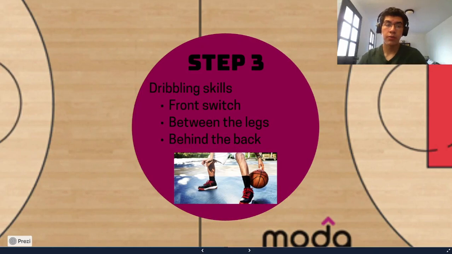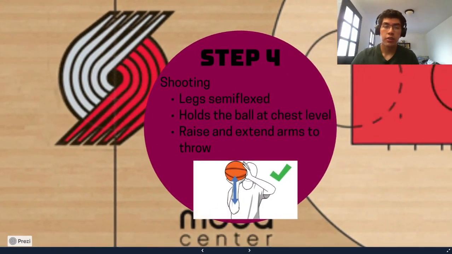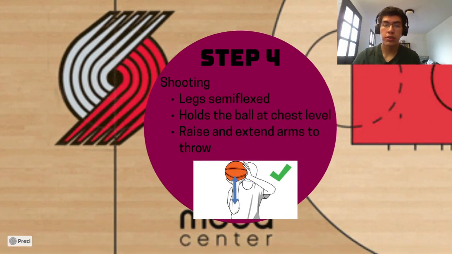Okay, the last step is shooting. The fourth step is shooting. In order to make a good shot, we have to make a T shape with our hands on the ball.